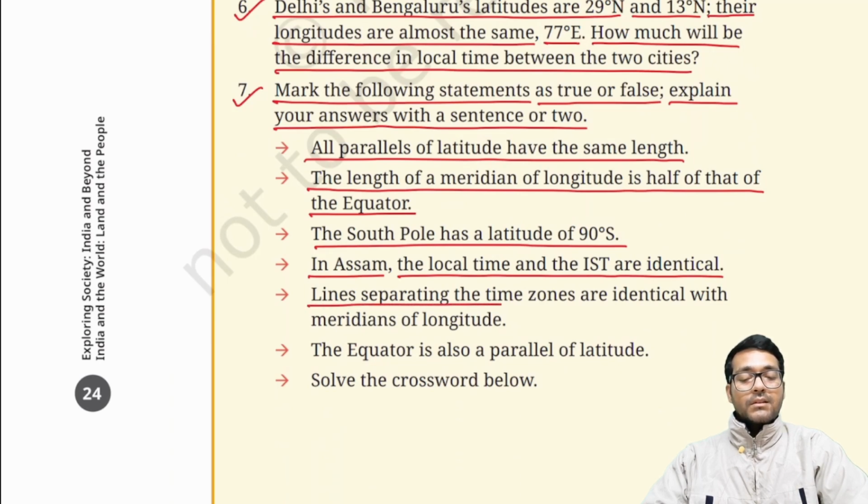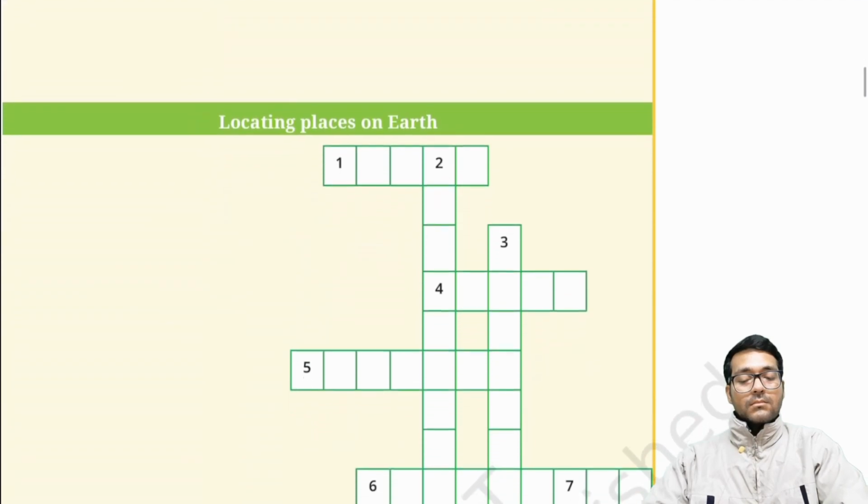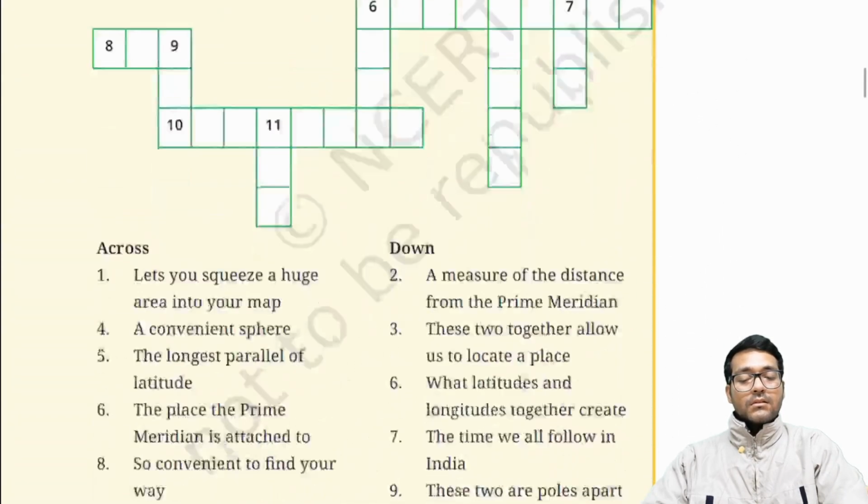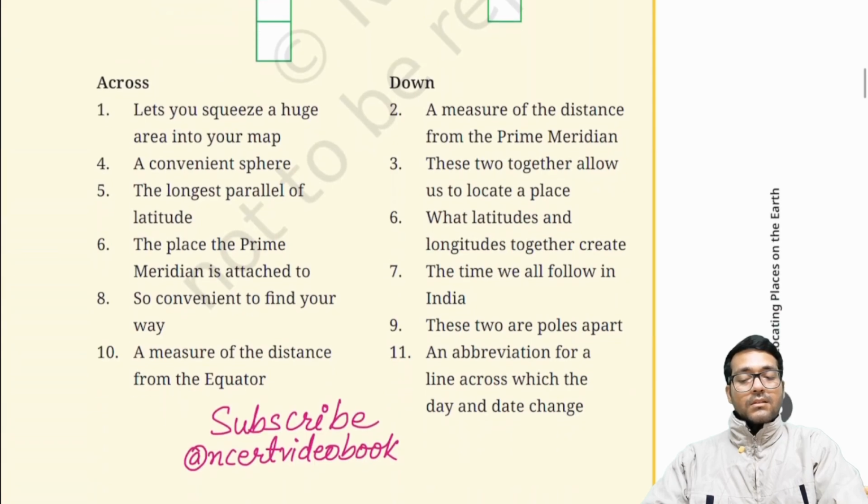Lines separating the time zones are identical with meridians of longitude. The equator is also a parallel of latitude. Solve the crossword below. Locating places on Earth. Hints are given here: across, down.